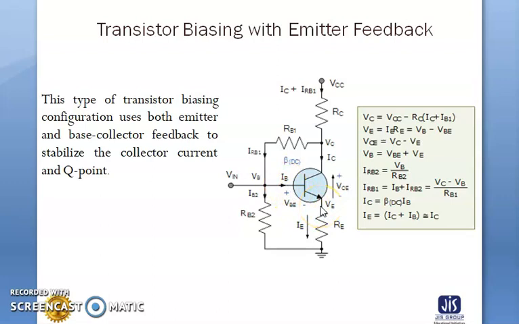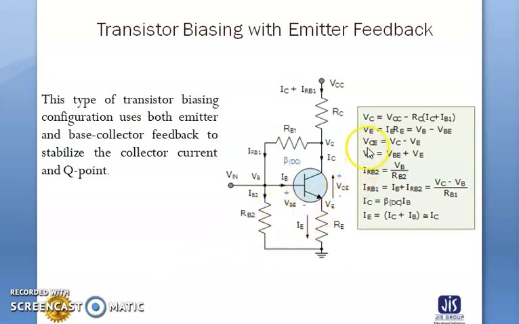So if the emitter current increases due to the increase in collector current, the voltage drop IERE also increases. Since the polarity of this voltage reverse biases the base emitter junction, IB automatically decreases. Therefore, the emitter current increases less.